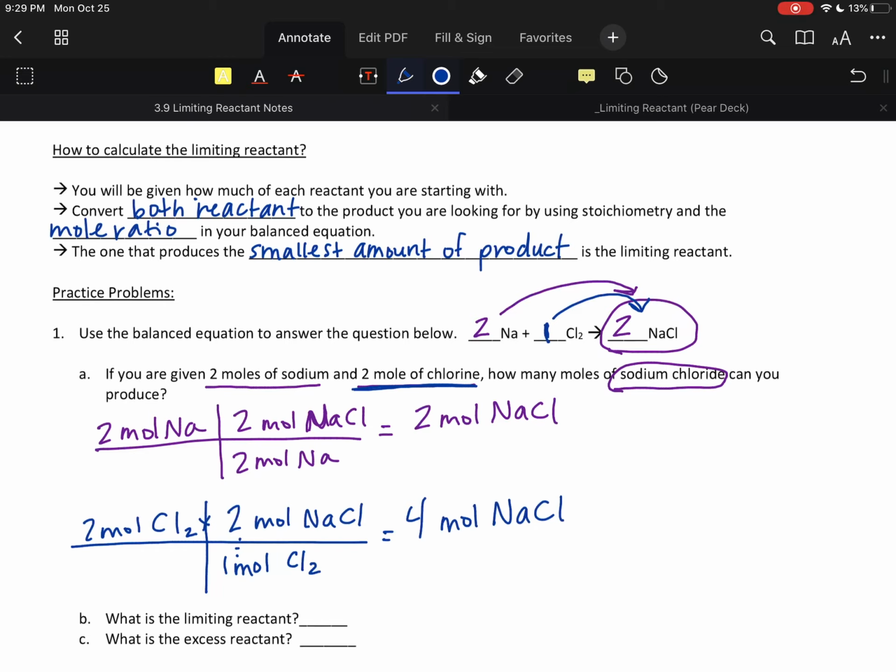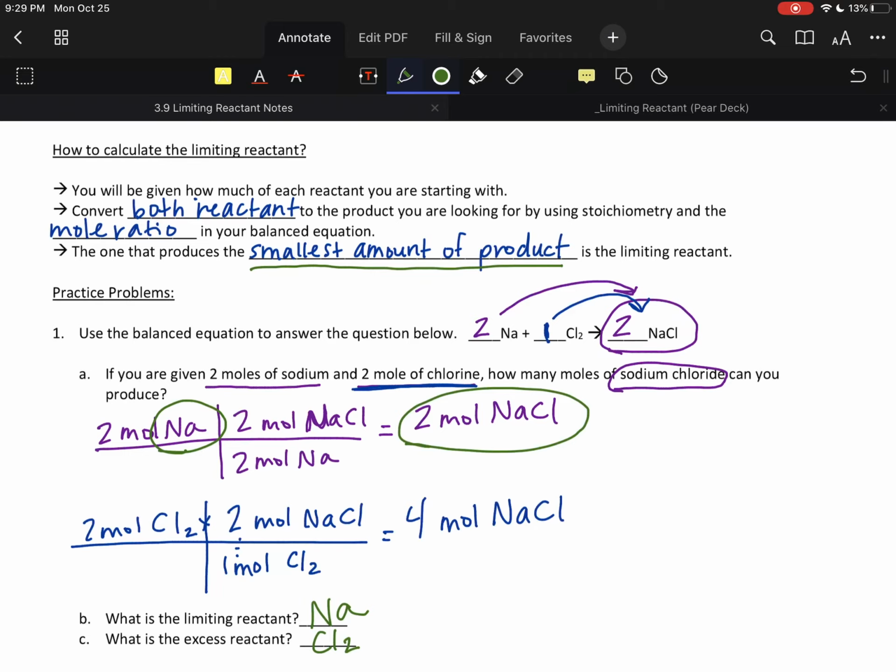Okay, so now, remember, my limiting reactant is the one that's going to produce the smallest amount of product. Which one is the smallest? This one right here. Okay, so that means my limiting reactant is sodium, and my excess reactant is chlorine, or the other one, okay?